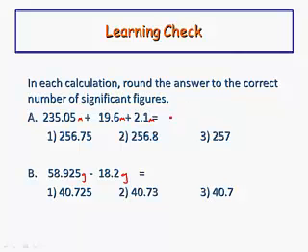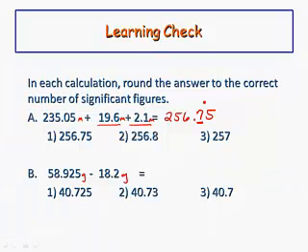And my calculator is giving me a value of 256.75. I have two values here that are only out to the tenths place. Those are my least precise measurements, and so my answer is only going to be reflected to the tenths place as well. So I'm going to round on that 7. Now the number to the right of it is a 5.